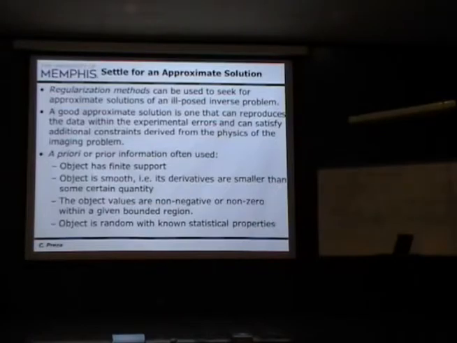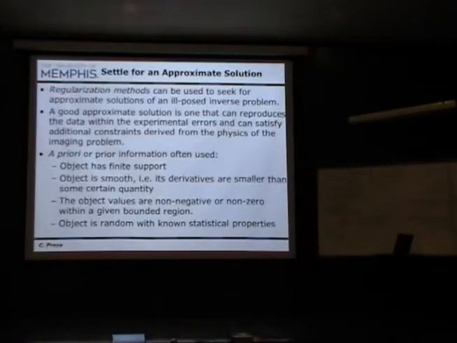If I take the derivatives of the pixel intensities, or on the continuum, those derivatives are smaller than some quantity. The values of my object, let's say if I'm talking about intensity here, the intensity values are not negative. That's a physical thing, right? I can't have negative intensity. As was discussed earlier, what we measure is the modulus squared of the complex amplitude of the field. So that's the intensity. It's always positive. So that's a constraint.